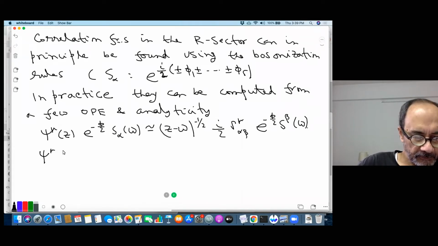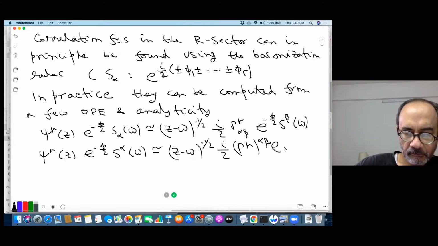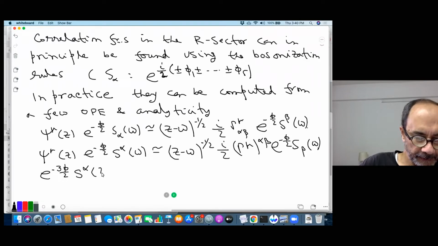Then again here, this is GSO odd, this is GSO odd, but this is GSO even. And then you have the product of two of the spin fields. This fixes the normalization of the spin field.